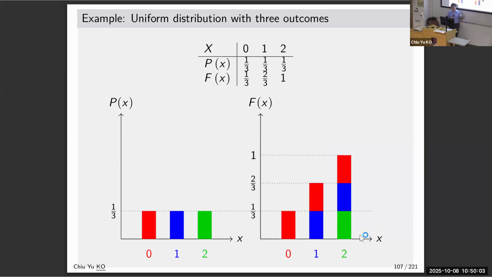It's 1/3, and you can see this height is 1/n. In any case, if you increase n to infinity, very, very large, this becomes very small, then this ceases to be useful, and F is still a useful one.